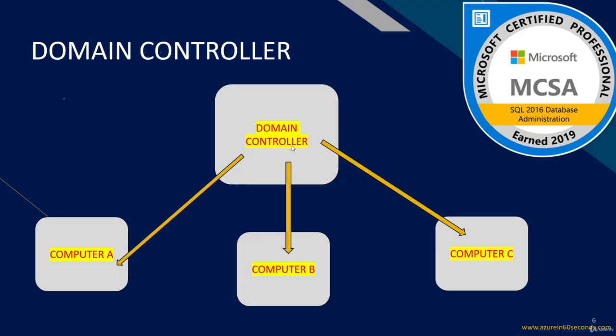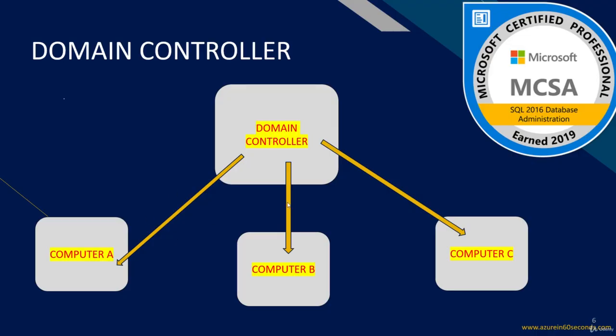With this diagram, you have a domain controller here, computer A here, and computer B here. If your domain controller resides in a company in New York, for instance, and computer A is in San Francisco, the reason you are able to log in when you come into the office in the morning is because you are connected to this domain controller. It means the domain controller manages every user.